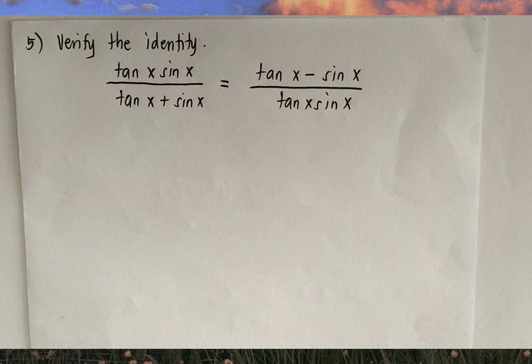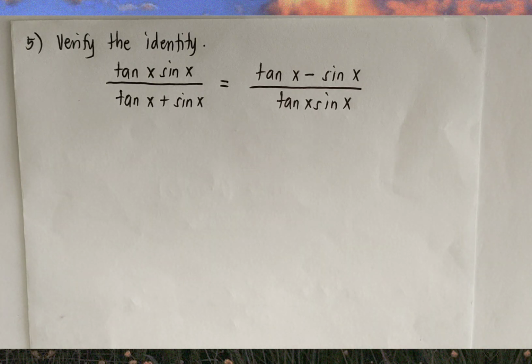Let us now verify the identity: tan x sine x all over tan x plus sine x equals tan x minus sine x all over tan x sine x. First step is we need to transform both sides of the equation in terms of sine and cosine.